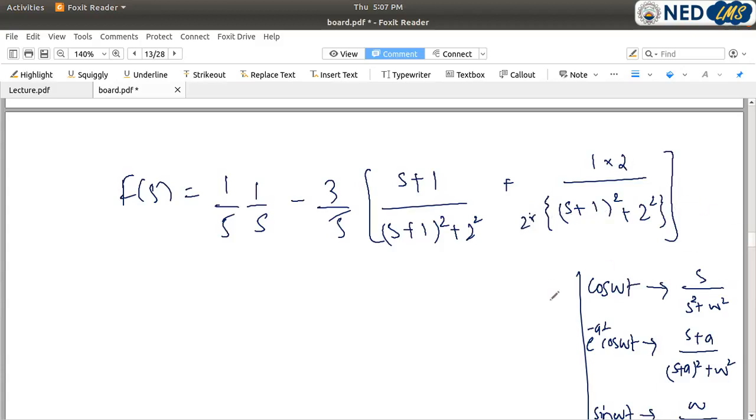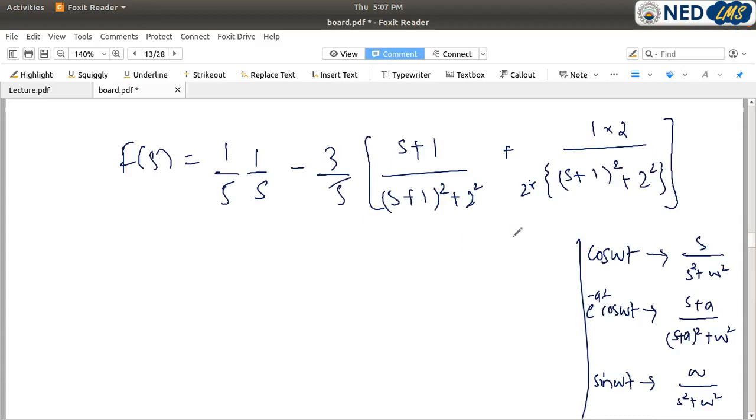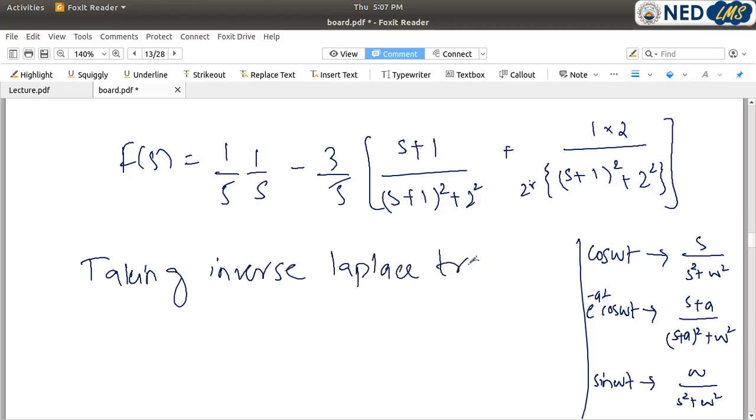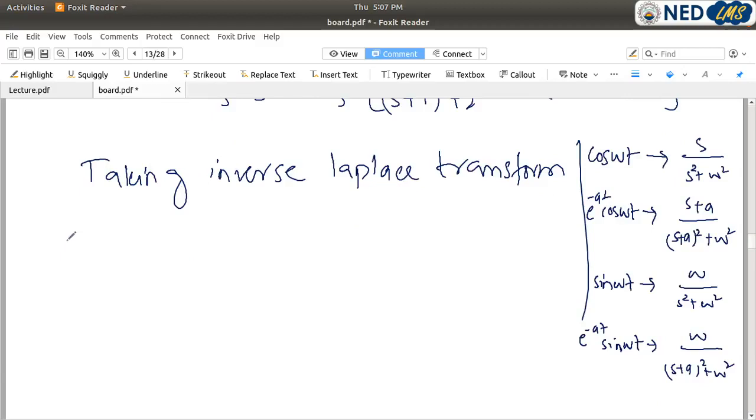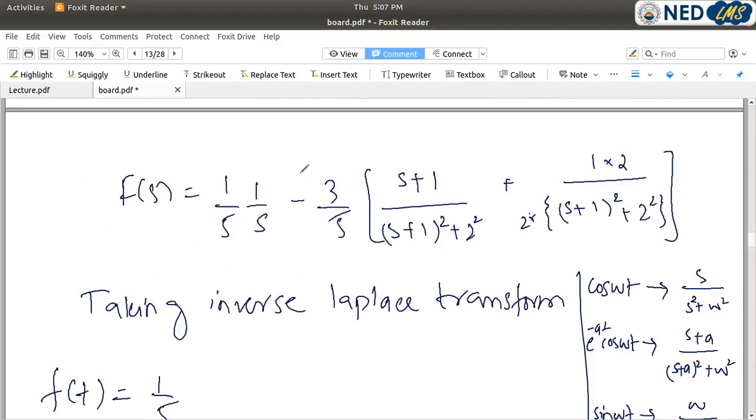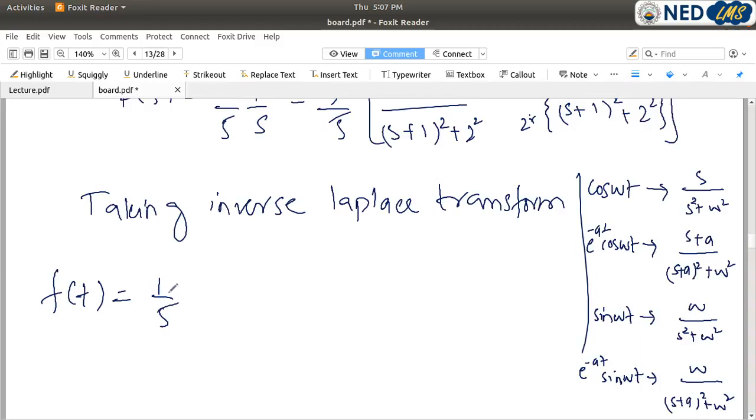So now taking the inverse Laplace transform of the above equation, this will become f of t, and this will become 1 by 5, 1 over s will become u of t, minus 3 by 5.